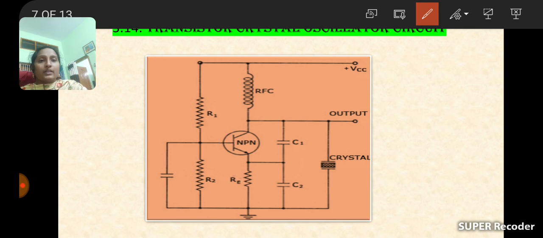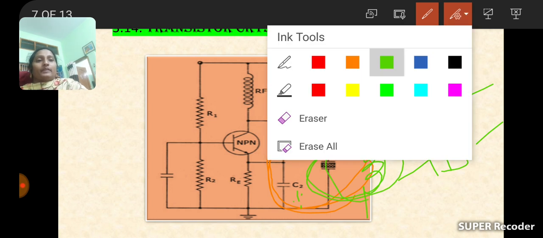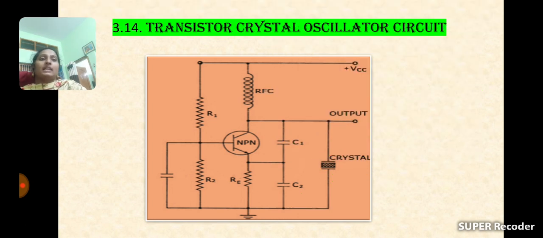Here the tank circuit is simply like a Colpitts oscillator. In the Colpitts oscillator, the inductor is replaced with the crystal. See here, two capacitors are there, but the inductor of the Colpitts oscillator is replaced with the crystal. Except for that, everything is the same.